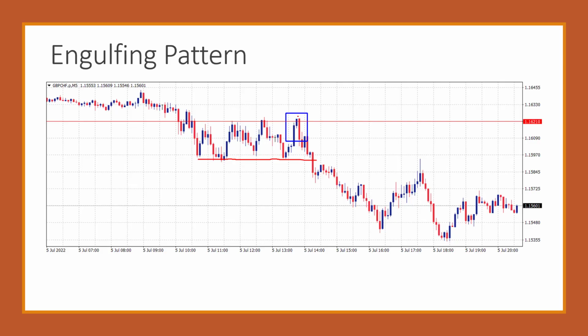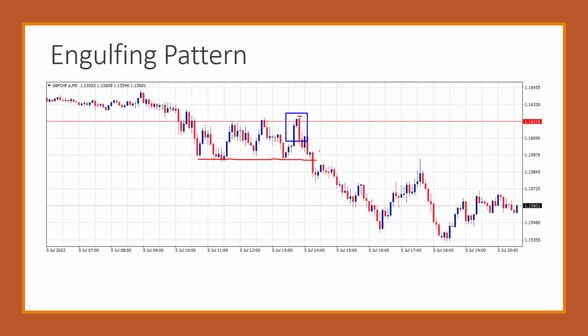So that means that the price could actually open up here rather than where it closed in the previous session. And then you could close here. And that is a full engulfing candle because you've opened higher and this candle here is completely within the range of the candle that comes after it.